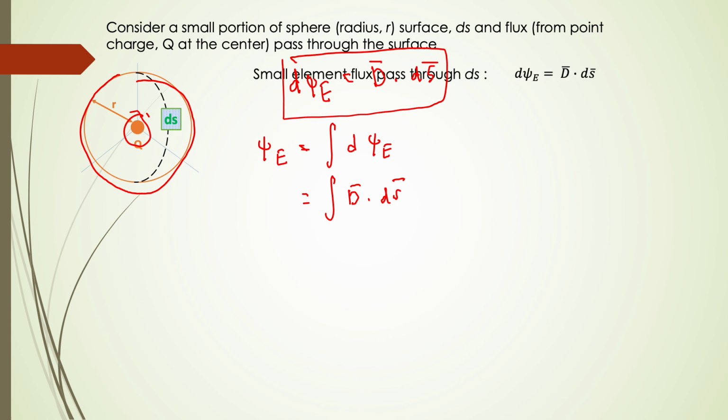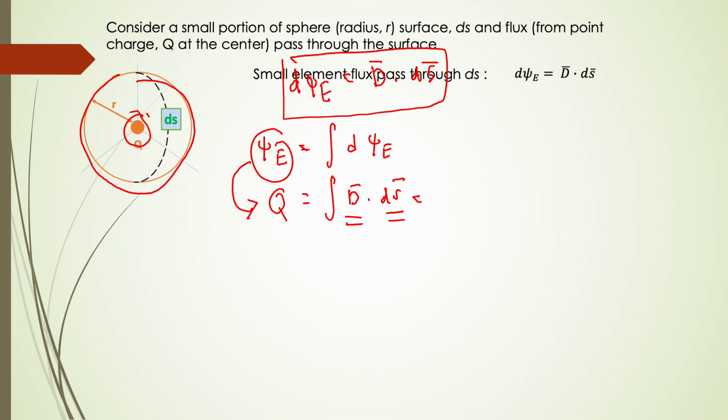So psi here is equal to Q, and we can therefore represent this as Q equals the integration of D, the electric flux density, dot product with the area.